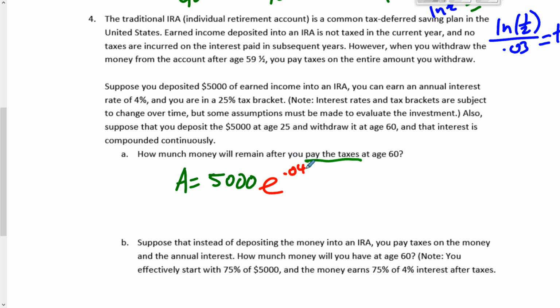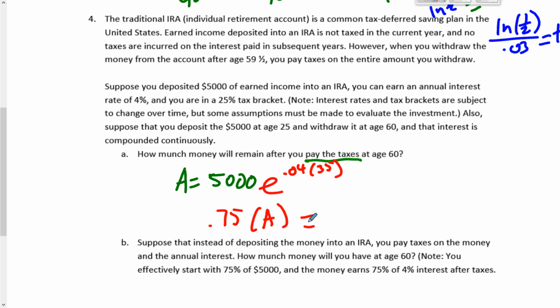My rate is 0.04 times how many years, which is 35. So that's the amount in the account. Then we have to pay 25% tax on that, so I only get to keep 75%. So I multiply my A by 0.75, and that's going to give me my answer.